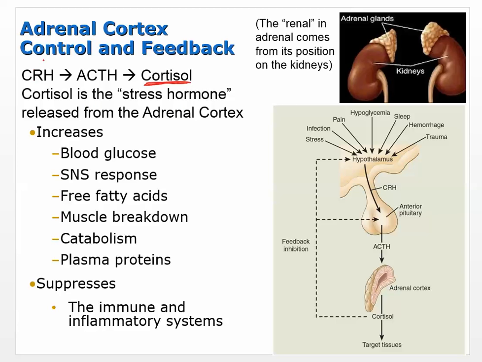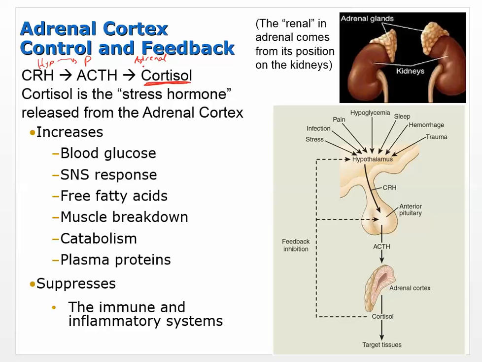So it follows the same pattern. CRH is released by the hypothalamus, which is corticotropin releasing hormone. Then there's adrenocorticotropic hormone, which is ACTH. You don't have to know exactly what those mean, but it's hypothalamus to pituitary, and then to the adrenal gland.